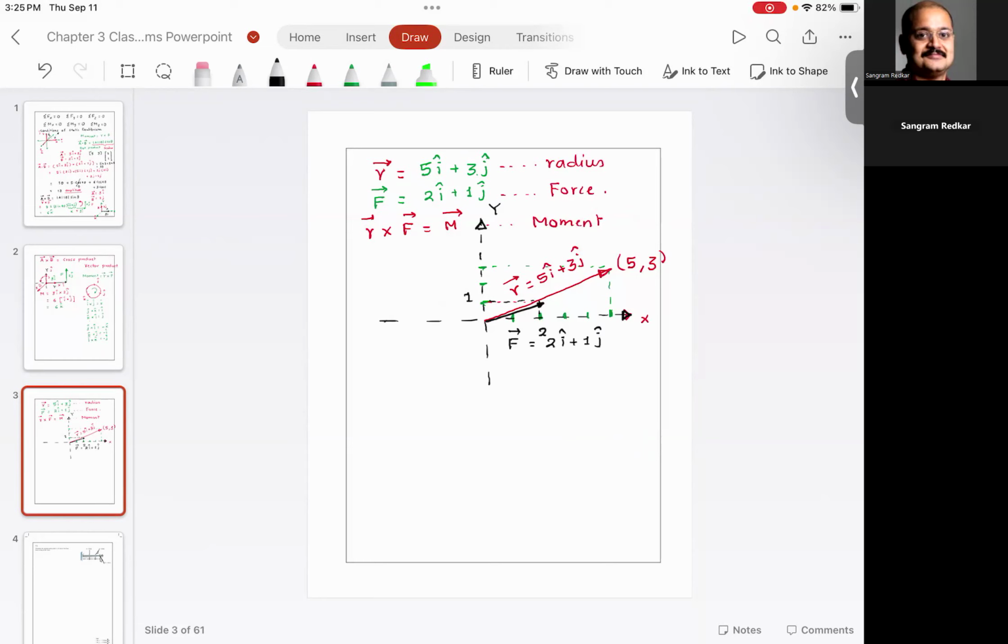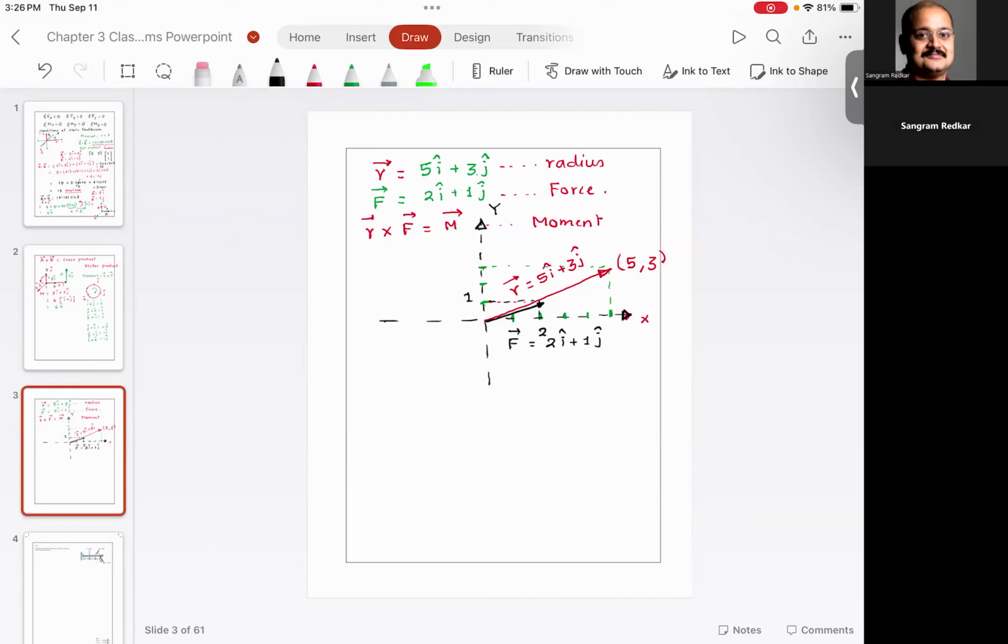Now here is the problem that I'm trying to solve. My radius is given as 5i plus 3j, and my force is given as 2i plus 1j. Now it's very important to understand: the radius unit could be meters, millimeters, or centimeters. The force unit could be pounds, newtons, or kilonewtons.